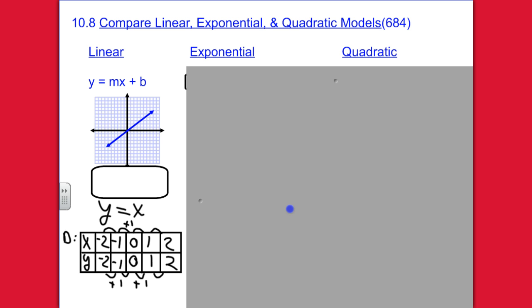Or it's a constant addition. Okay? So let's make a little note here of what that is. It is the first difference. When we take the difference in the y values, we notice it's constantly the same. Constantly 1. It's this difference in the first y values that is so important today that you understand.